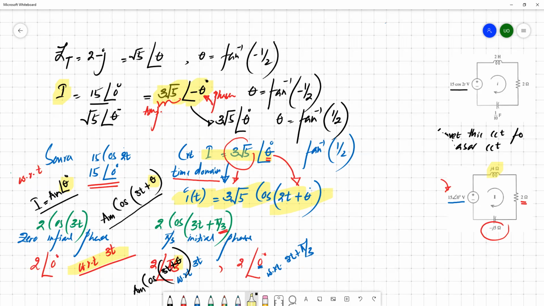Everything is with respect to 3t, so you can simply say AM cos 3t plus theta.